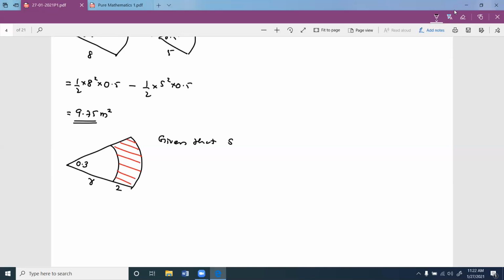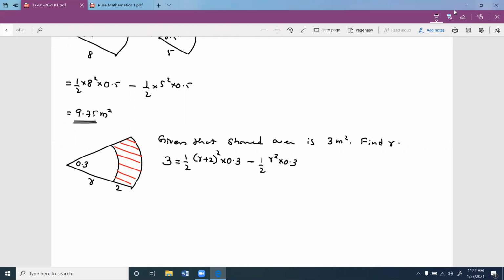Given that the shaded area is 3 square meters. They ask us to find r, right? Then the same technique we use: shaded area 3 is equal to area of the large arc segment, half r squared, radius is r plus 2 squared, theta. Theta is 0.3, minus area of the small arc segment, that is half r squared into 0.3.